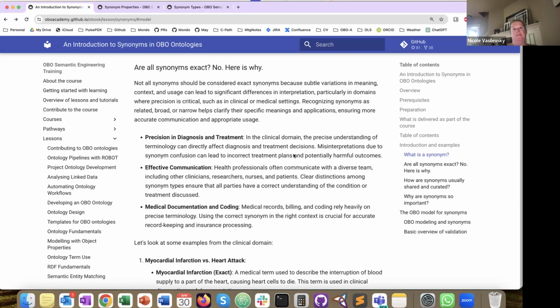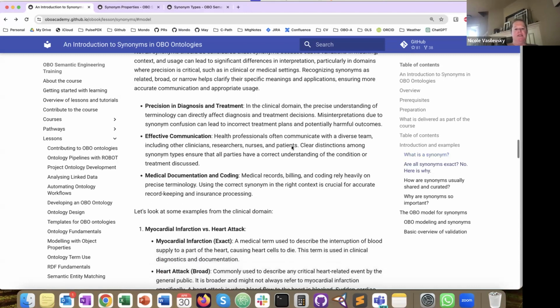And this is an issue in areas where the precision is critical, such as in clinical or medical settings. But I think this probably can be critically important in other domains as well. So being able to precisely classify synonyms as either exact, related, broad, or narrow is very important for clarifying the specific meanings and applications and ensuring the proper communication and usage.